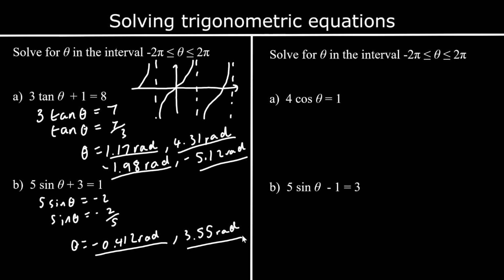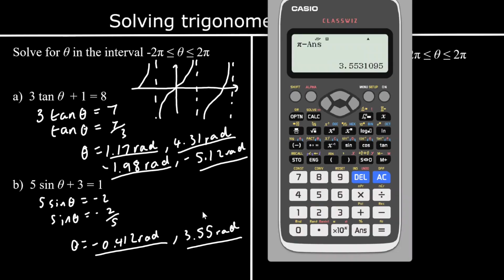And then to generate the next set of answers for sine or cos, we add on or take away 2 pi. So to stay within the range, negative 2 pi to 2 pi, I'm going to add 2 pi onto my negative answer and take 2 pi away from my positive answer. So if I take 2 pi away, I get negative 2.73.